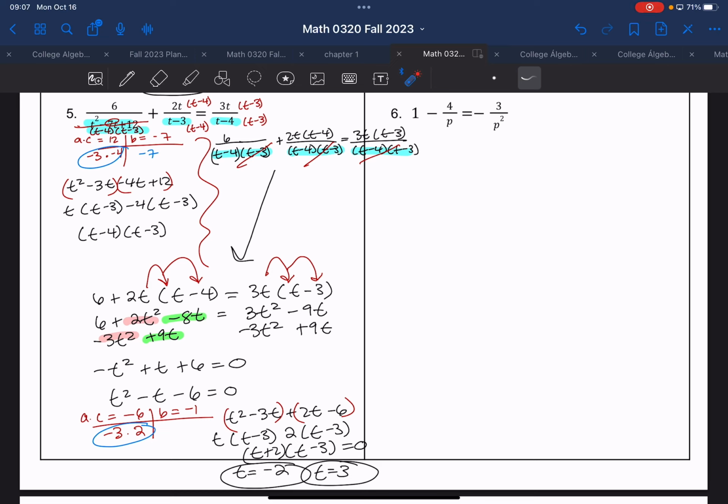Out of both our answers, which one, if we plug it in, is going to give us 0? 3. The 3, right? Because if we plug in 3 for t, we get 3 minus 3, which is 0. So since it gives us a 0 on the denominator, can 3 be an answer? No, meaning our only answer can be what? Negative 2.